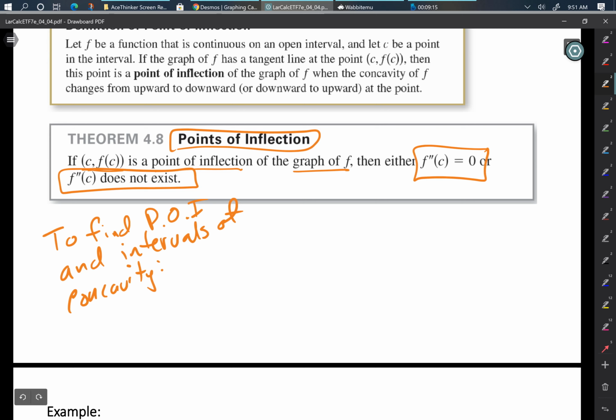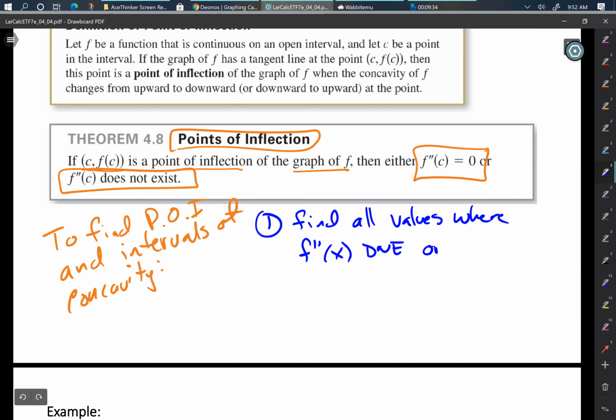so to find these points of inflection and to find these intervals of concavity, one, we are going to find all values where f double prime of x does not exist, or where f double prime of x is equal to 0.